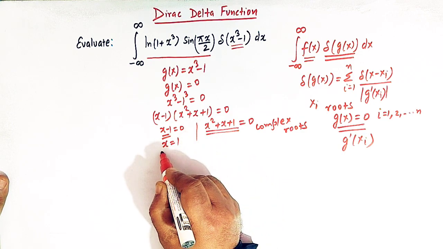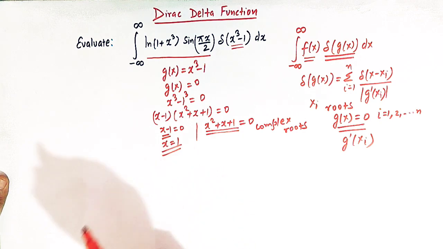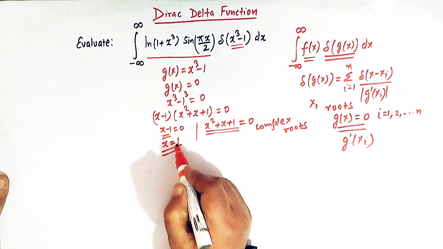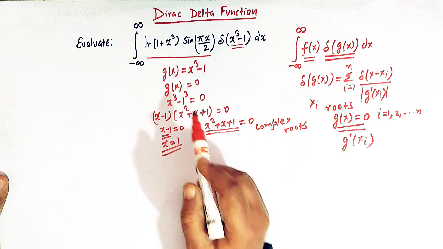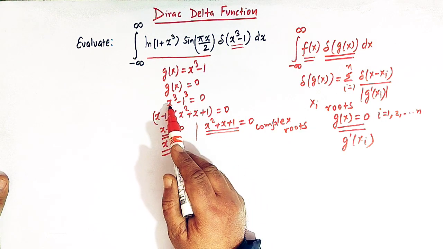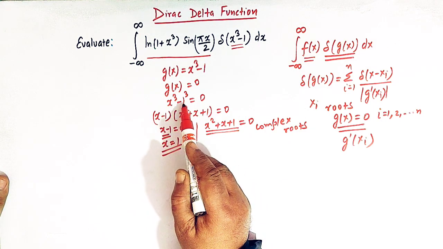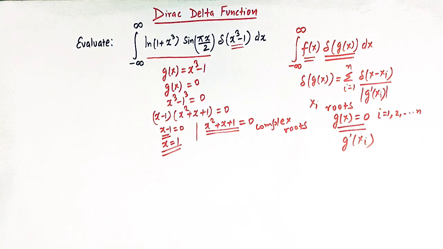So we neglect the two complex roots and consider only x is equal to 1, the only real root of x cube minus 1 is equal to 0.